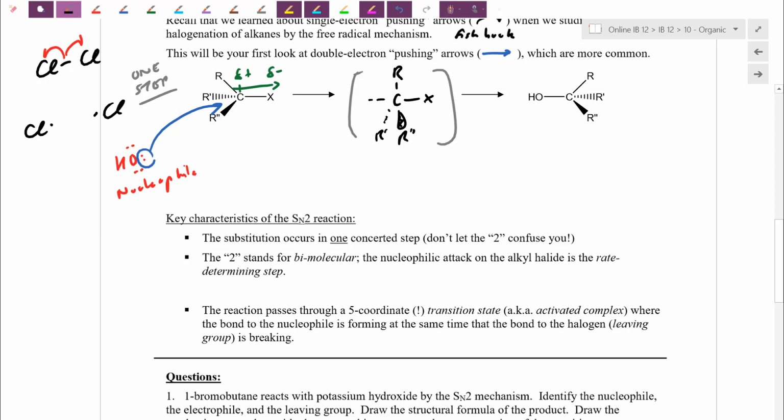And basically, my OH is now forming a new bond trying to attach to the carbon here. Okay. The terminology here, they say we have a 5 coordinate. I have 5 things currently present, but this one here is a transition state. This one here is at the top of my activation barrier. You cannot collect this, so that's why they say this is one concerted reaction. It happens all at once.